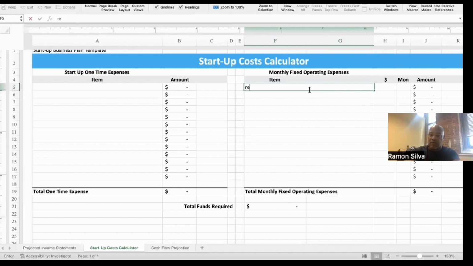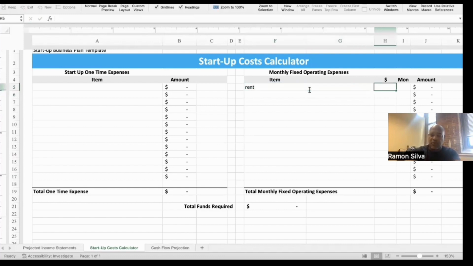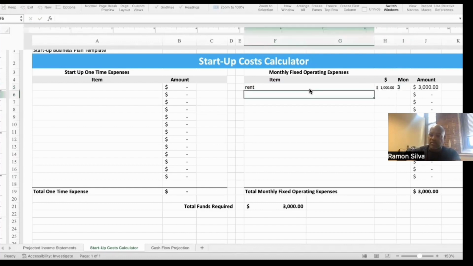So if your rent is $1,000 a month and you're projecting that for 3 months, it's going to need to be covered by your startup expenses. You will see that your 3 months worth of rent are now totaled into the total funds required to start up your business.